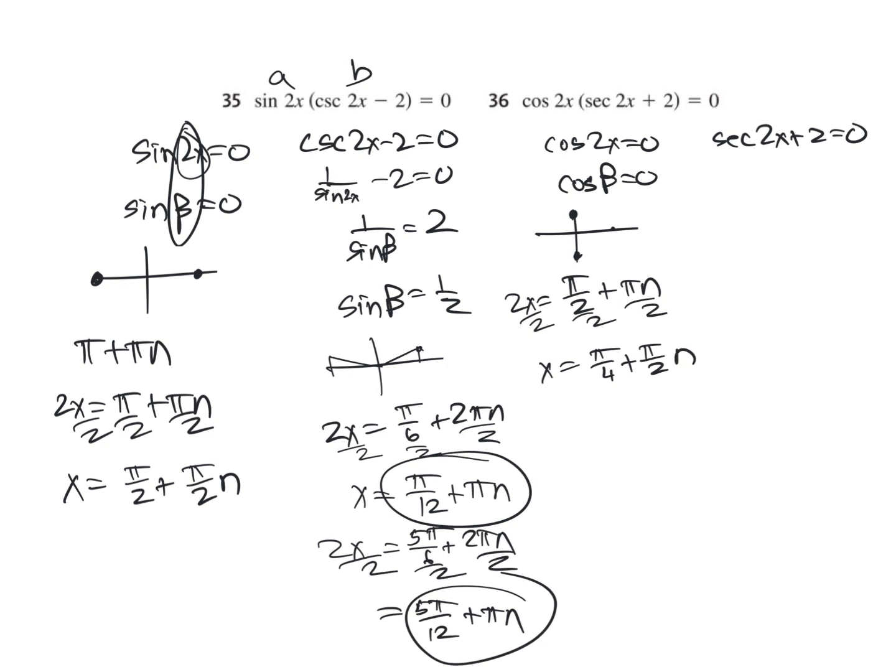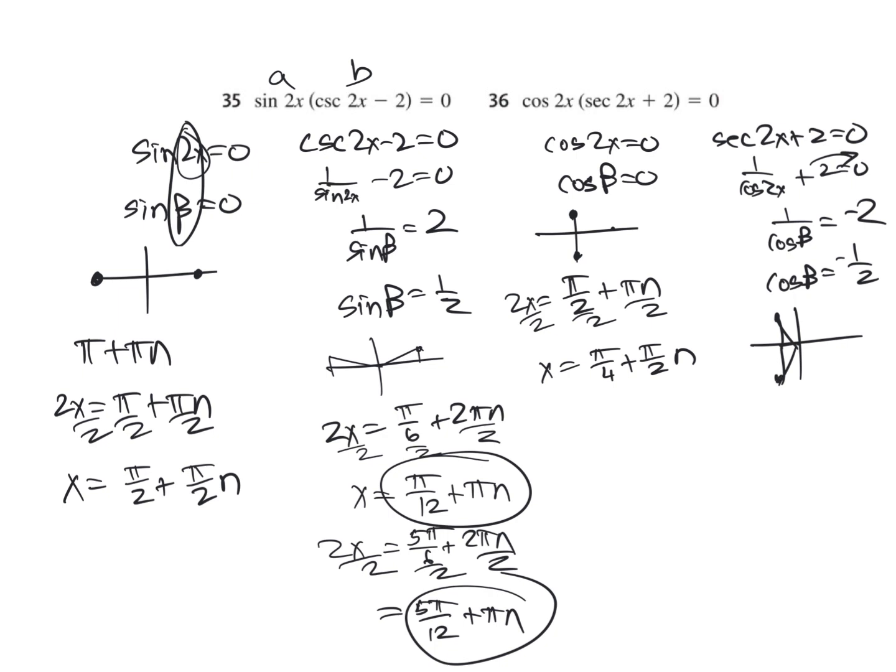And then 36, secant is 1 over cosine of 2x plus 2. So we're going to subtract 2. So 1 over the cosine of beta equals negative 2. So the cosine of beta is equal to negative 1/2. Where's x negative 1/2? In these positions there.